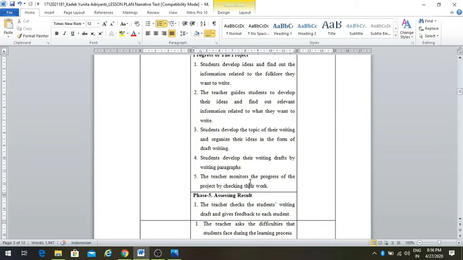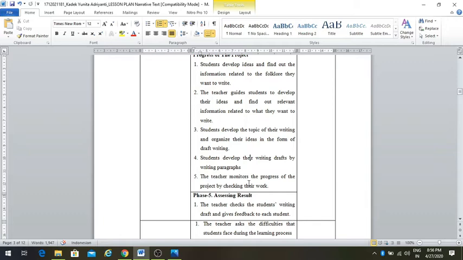And after that, we will move back to phase 4, after the feedback given by the teacher. So the students continue to develop their writing draft by writing the paragraphs of the story, and the teacher monitors the progress of the project by checking their work.